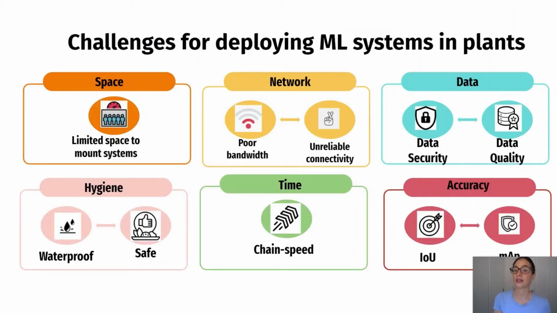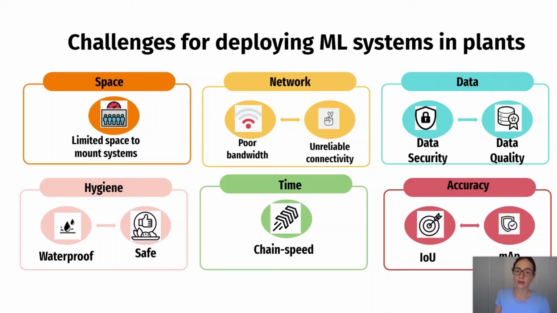Some of the common challenges that we face when we deploy systems into a factory, some of them are very similar to what any data engineer faces when deploying systems into any type of environment. But on top of the data and accuracy challenges, we also have space limitations, and we are, of course, not always able to mount the systems that we would like to.